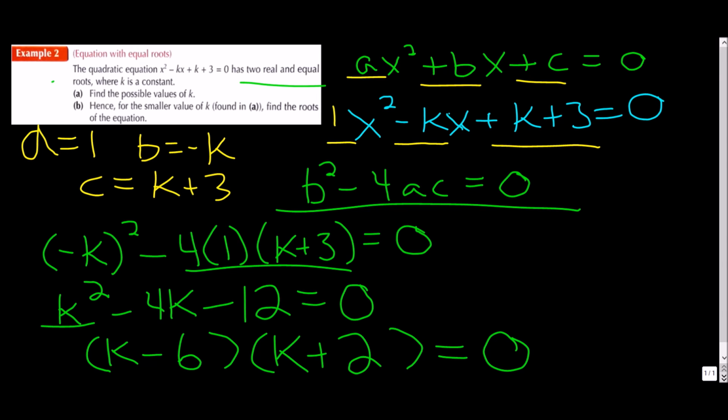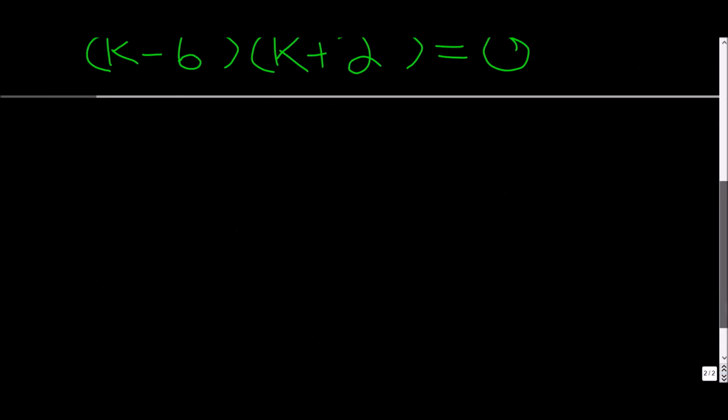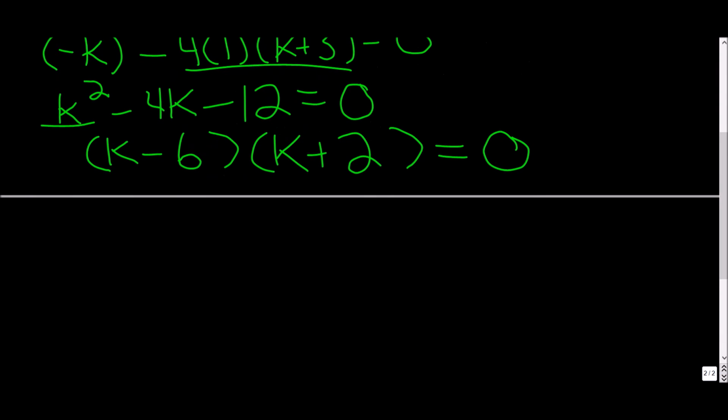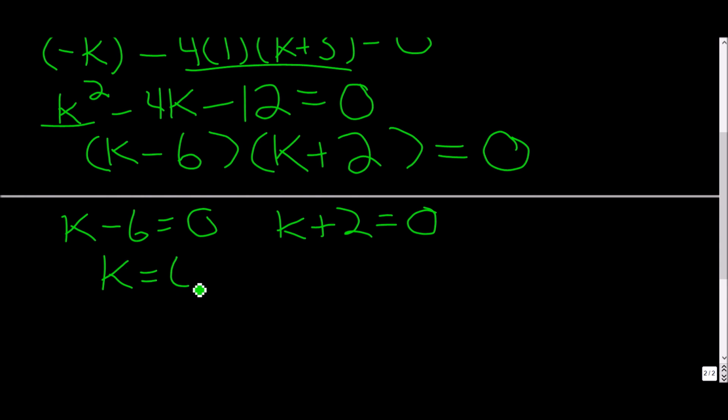And this tells me that if k minus 6 times k plus 2 equals 0, then either k minus 6 equals 0 or k plus 2 equals 0, which means that k is either going to be 6 or k is going to be negative 2.